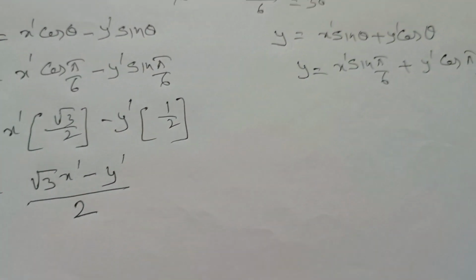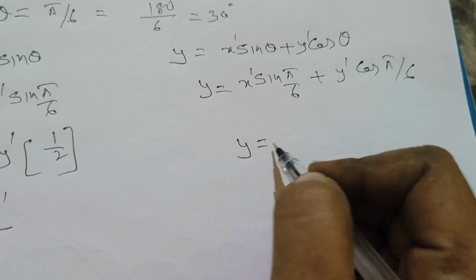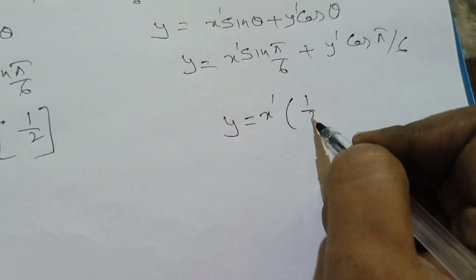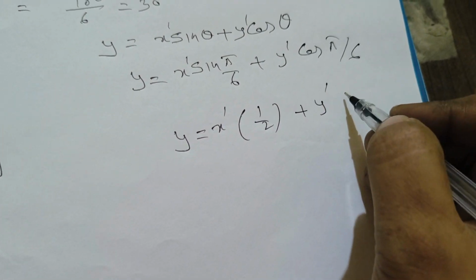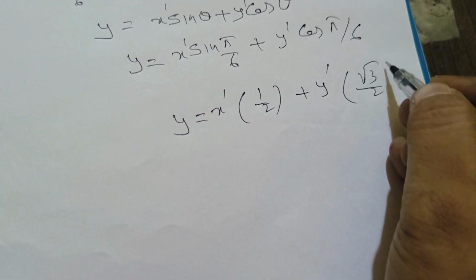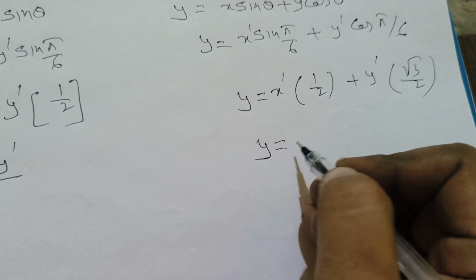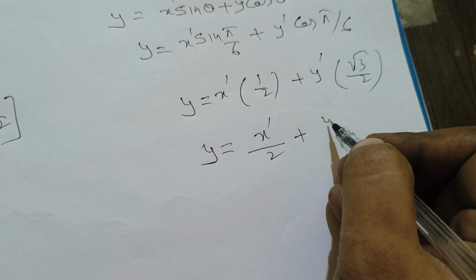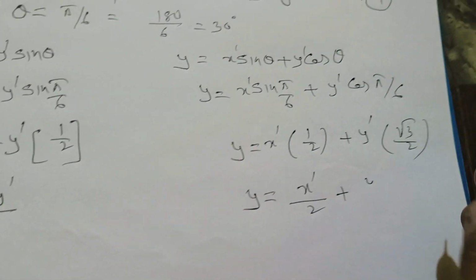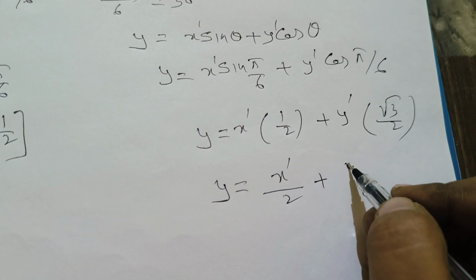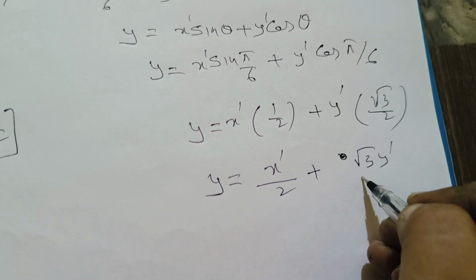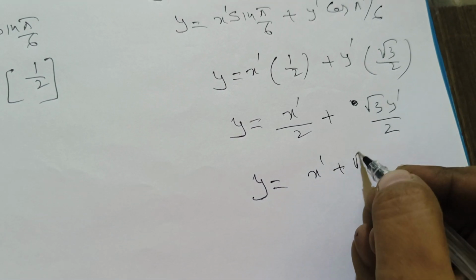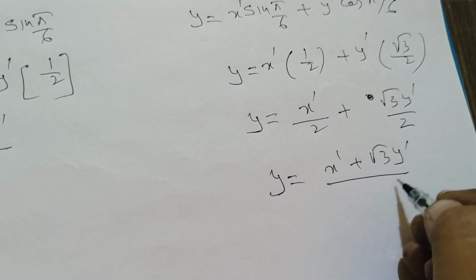So, y is equal to x dash sin 30 degrees, which is 1 by 2, plus y dash cos 30 degrees, which is root 3 by 2. So the value of y is x dash by 2 plus root 3 y dash by 2. Now take LCM: x dash plus root 3 y dash whole divided by 2.